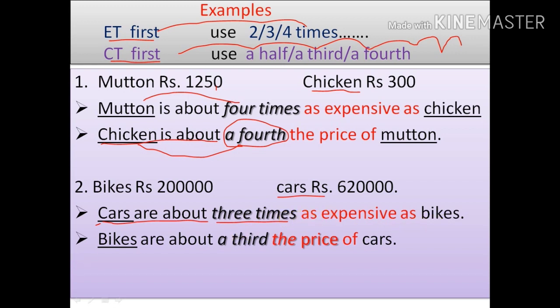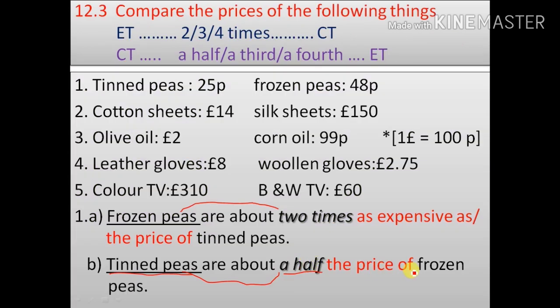So let's put a half the price of frozen peas. Here, instead of the price of, you can use as expensive as as well. Tinned peas are about a half, it means less, as expensive as frozen peas, or the price of frozen peas.